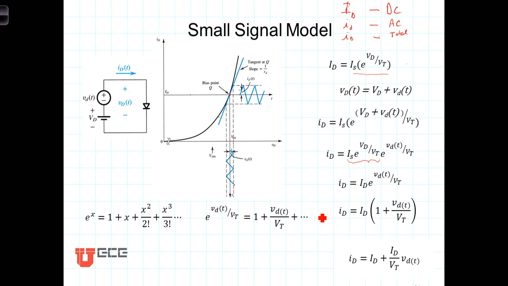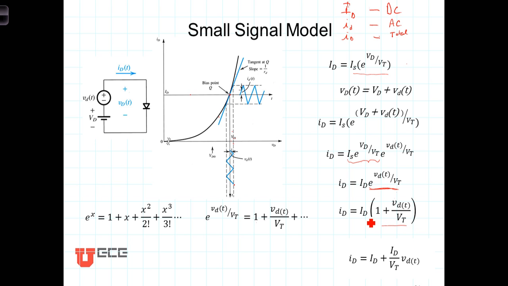And if you cube it, that's even smaller. Thus, for small variations in v sub d, we can ignore the higher order terms, the squared, the cubed terms, and so on, and we can replace this exponential expression with a linear expression.